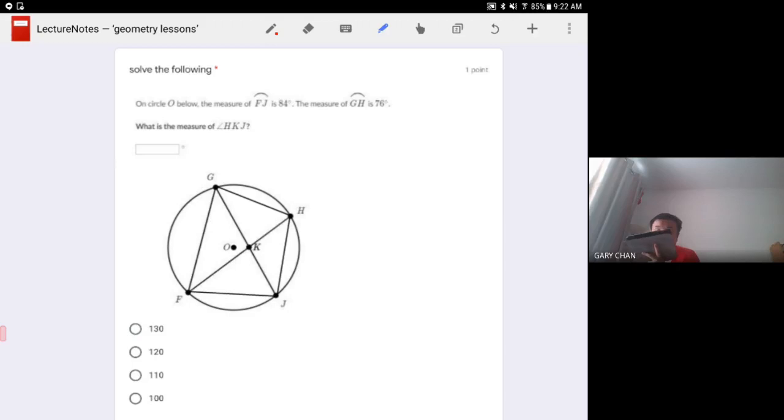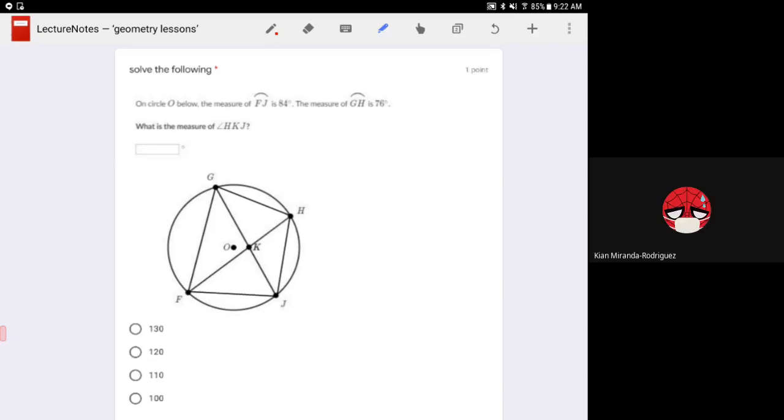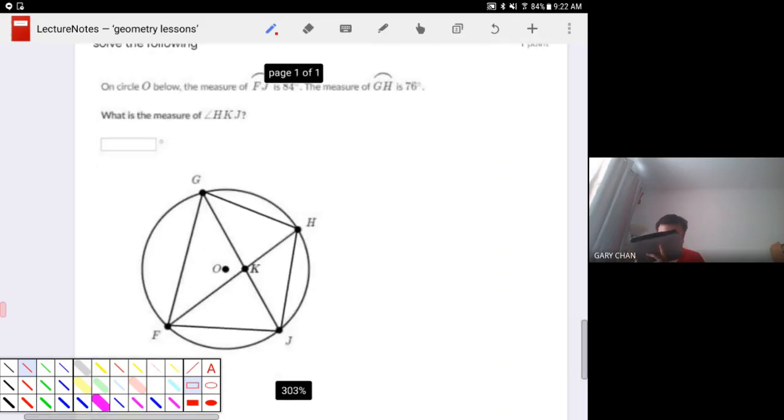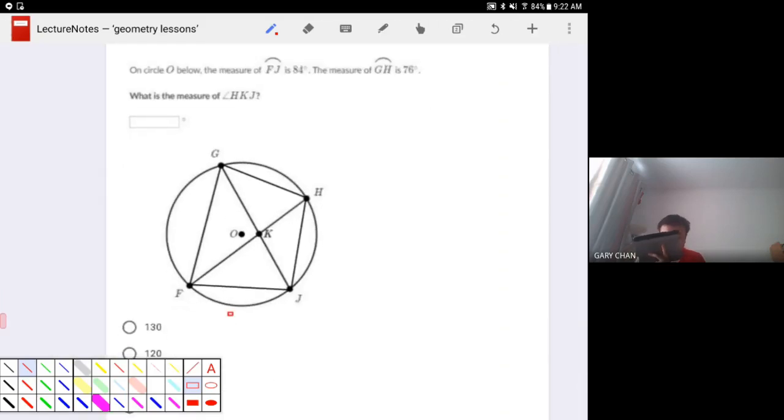So K is like our angle A. Arc FJ is this thing right here, and that is 84 degrees. And we have GH is 76 degrees.